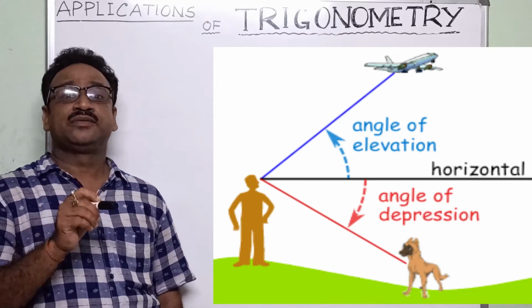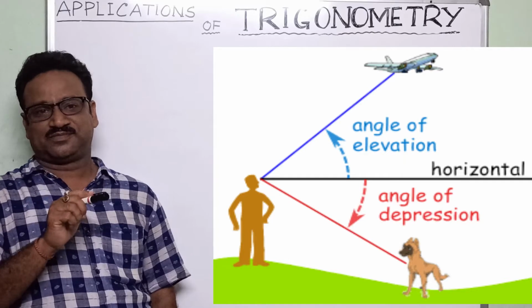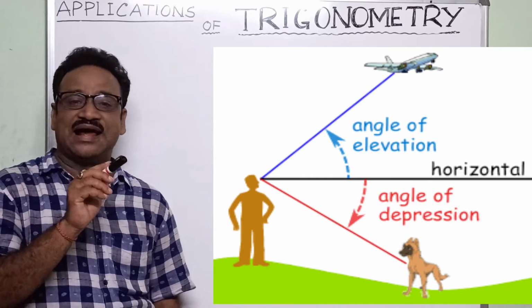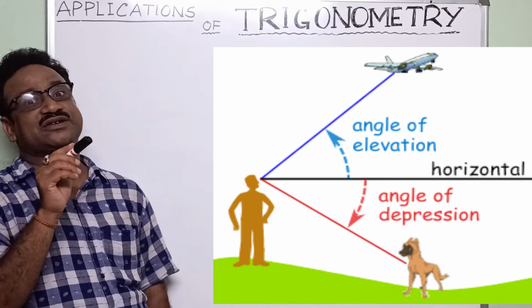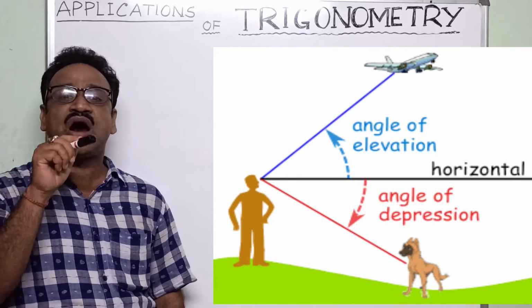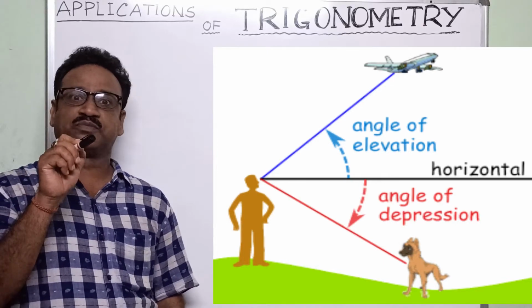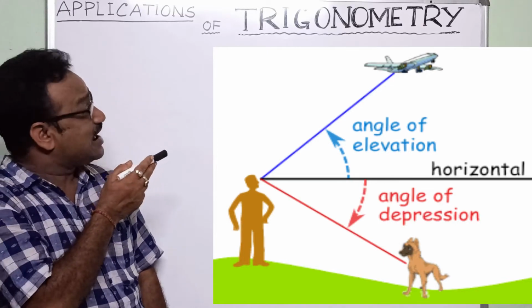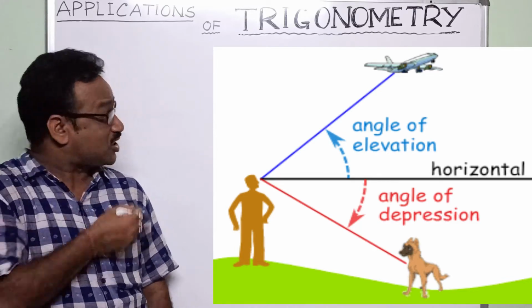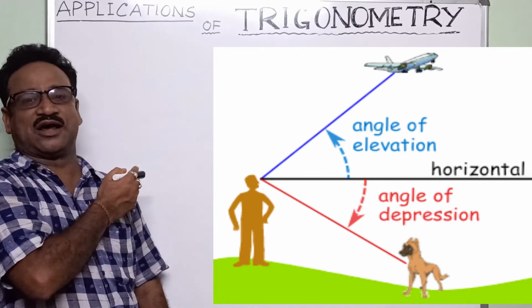Here the horizontal is one. The angle formed between the horizontal and the line of sight is the angle of elevation when watching the aeroplane. When watching the dog, the angle formed between the horizontal and the line of sight is the angle of depression, given in one figure.